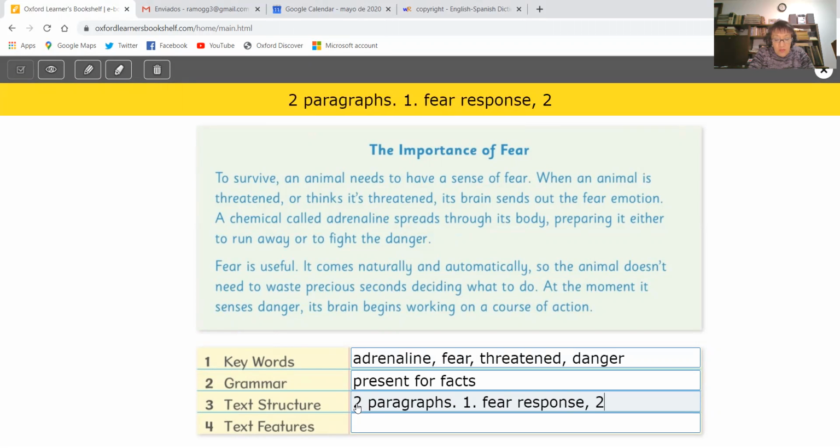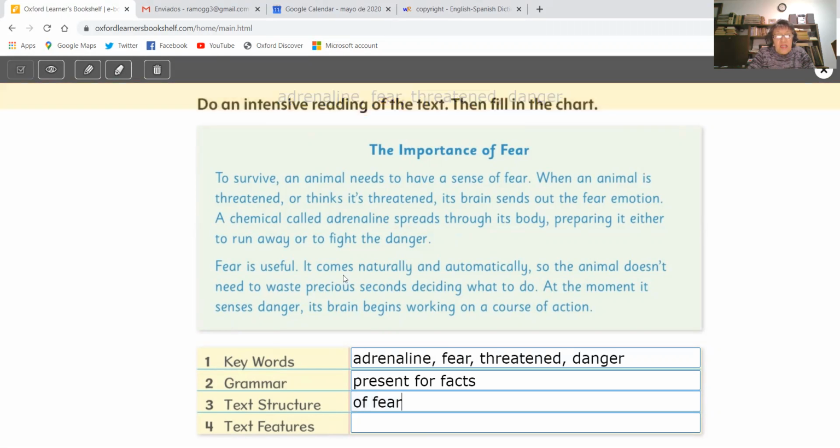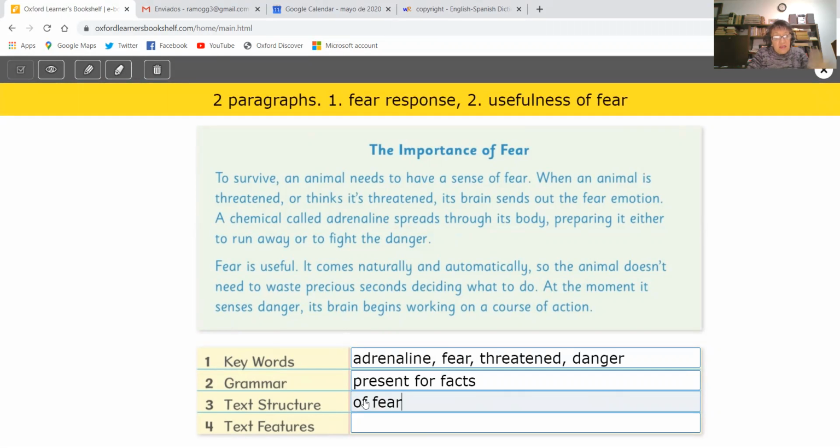And number 2, usefulness of fear. When the text I'm writing is very long, you can look at it at the top of the page in yellow.